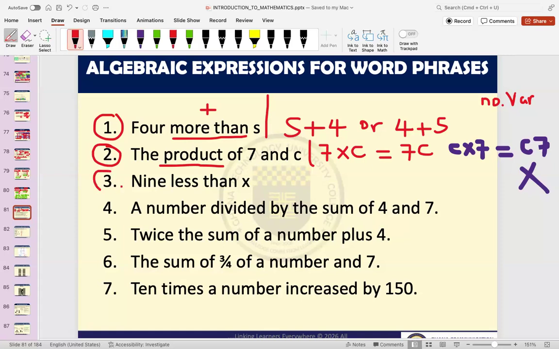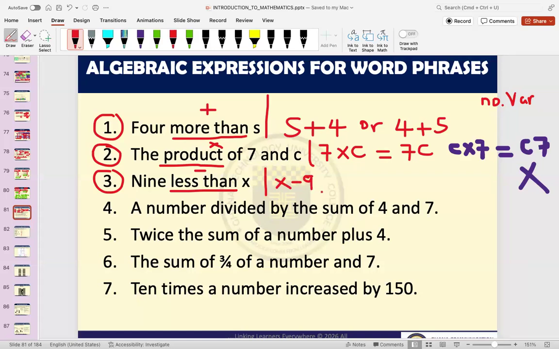Third example, 9 less than x. So the "less than" is also connoting something we learned today. Less than means there's a negative somewhere. 9 less than x. This also, you cannot write it in two ways. The less than is affecting the 9. So you have x minus 9.